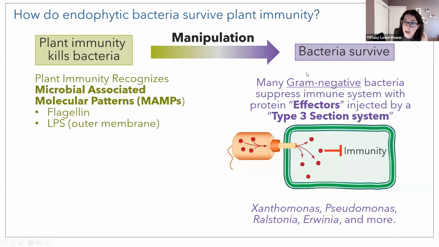Not all bacteria have a type 3 secretion system, but it's very common in Xanthomonas and Pseudomonas, Ralstonia, Erwinia, and many of the gram-negatives, but still not all gram-negatives. We're not going to require you to know specifically who has the type 3 secretion system, but just know that if a bacteria has it, if you look at its genome, you can assume that it's manipulating the plant to benefit the bacteria.